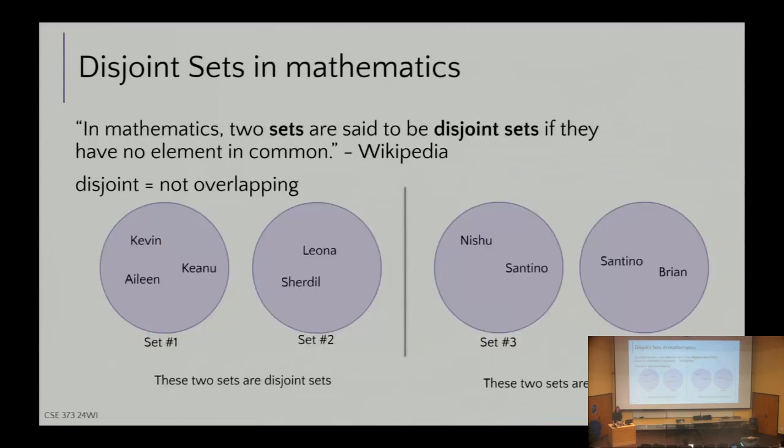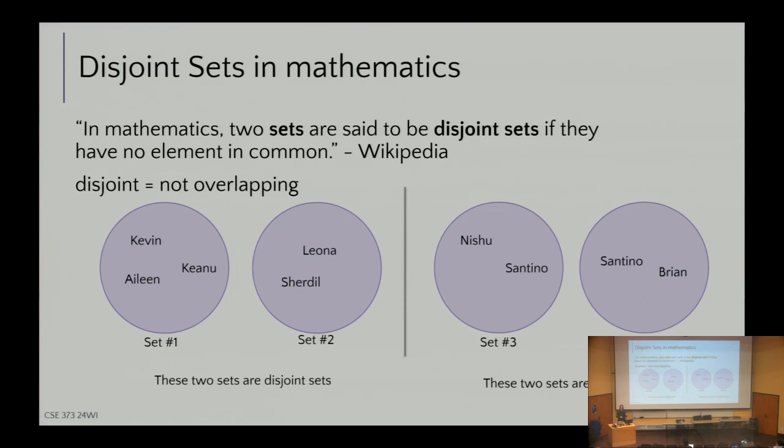So, the disjoint set. What is a disjoint set? So disjoint set is not a unique concept to computer science. It also exists in mathematics. So hopefully we're pretty comfortable with the idea of a set at this point, a set being an unordered collection of unique items.